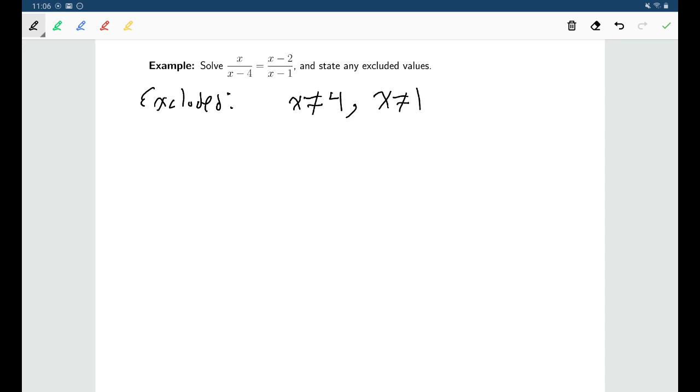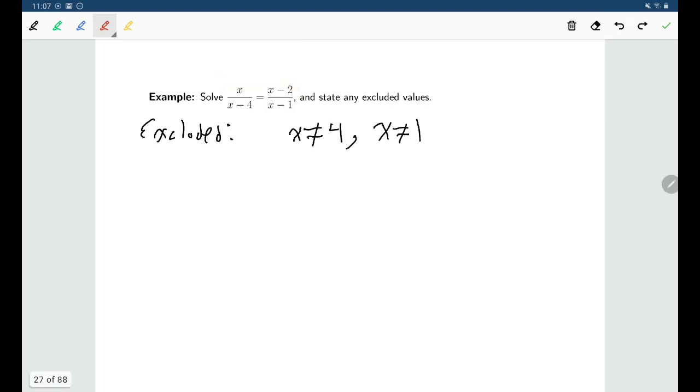If we're looking at the two rational expressions that we have, the common denominator for those would be x minus 1 times x minus 4. So that's what I'll do. I'm going to take my equation, and on the left side, as well as on the right side, I'm going to multiply by x minus 1 times x minus 4.